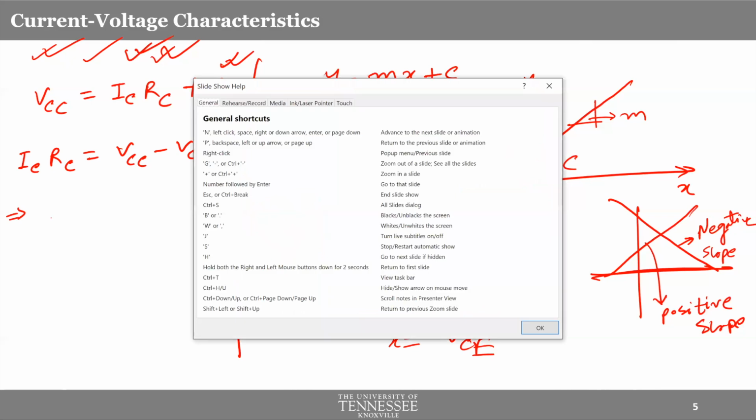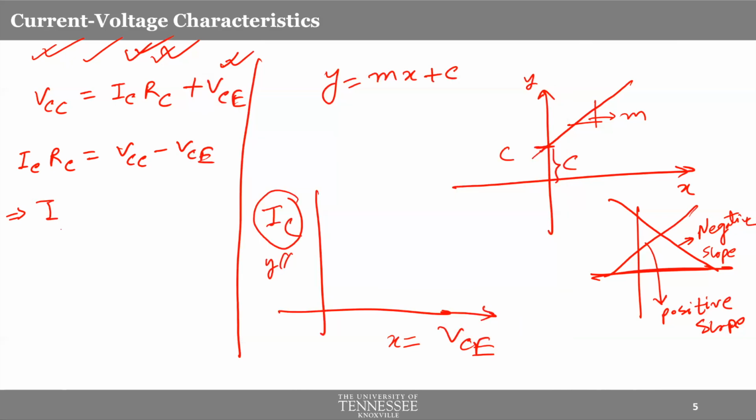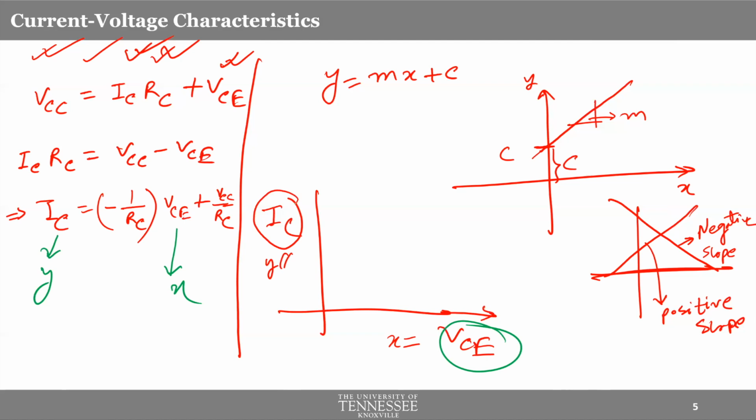So you have IC equals minus 1 over RC times VCE plus VCC over RC. Okay, just a simple rearrangement.